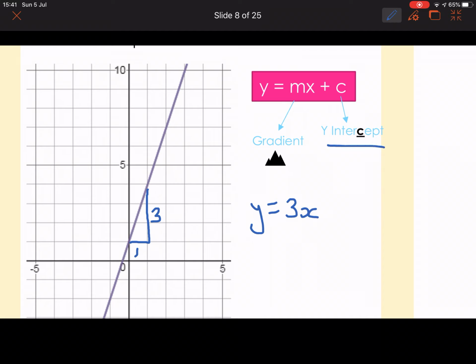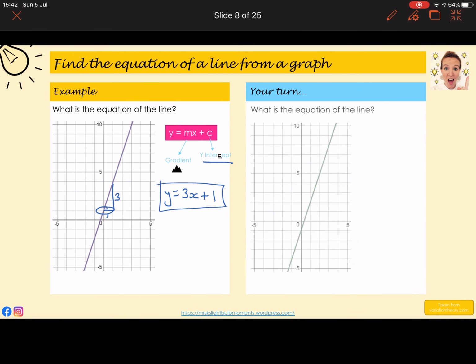Now my y-intercept is where the straight line cuts the y-axis, and that is here at 1. So it's plus 1. So that's your equation. I'm really hoping that's a quick recap for you. Y equals mx plus c, find the gradient, find the intercept. You have a go at this one, please.